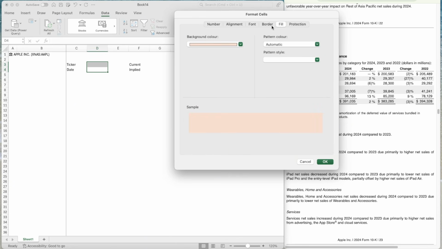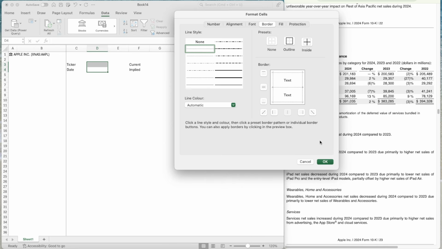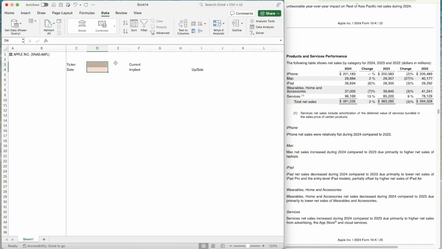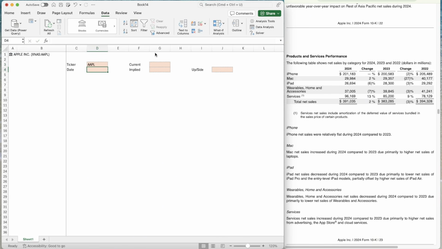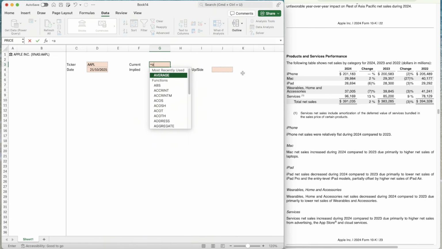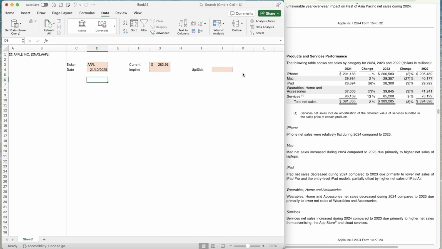With the ticker, you go equals A1 dot, open the parentheses, and we want the ticker. There we go. The date is the 21st of the 10th, 2025. The current price, we go equals A1 dot, open the parentheses, price. And these two we can leave because we don't have them yet.